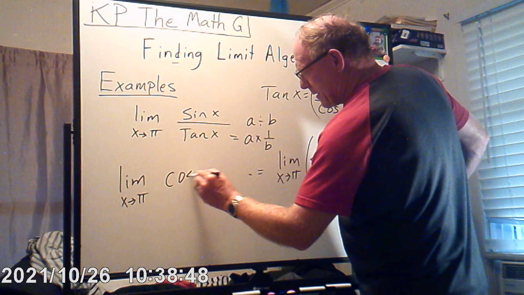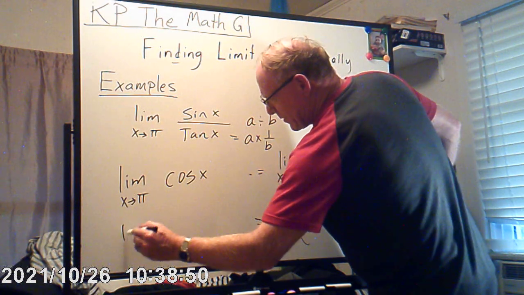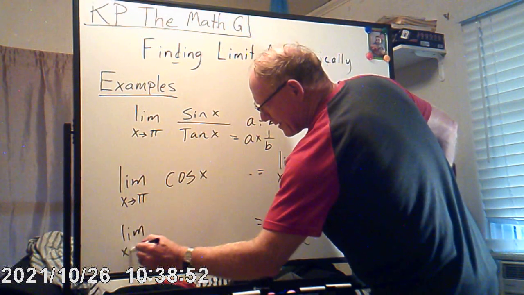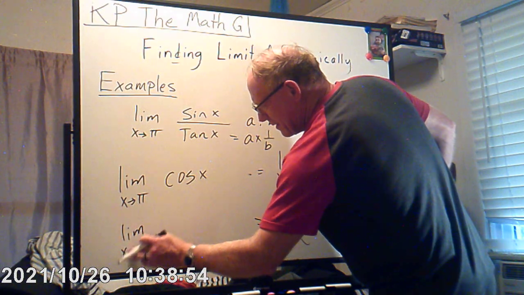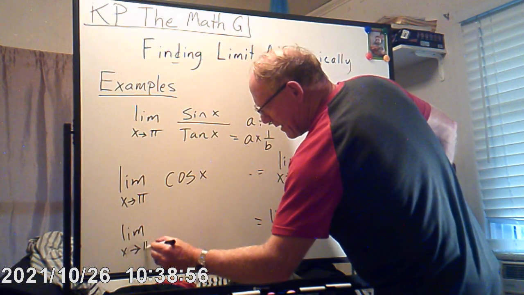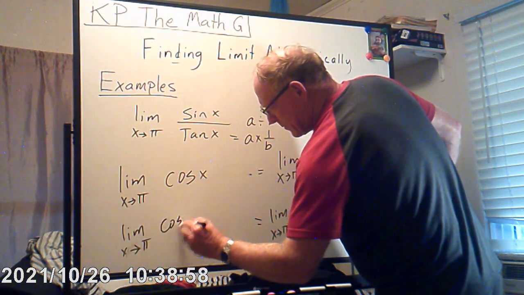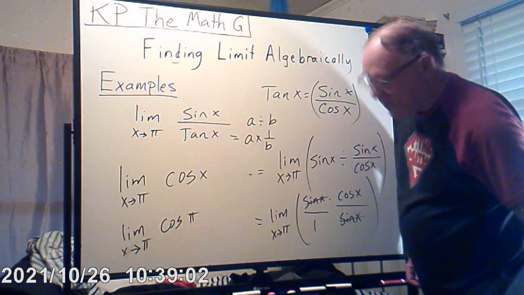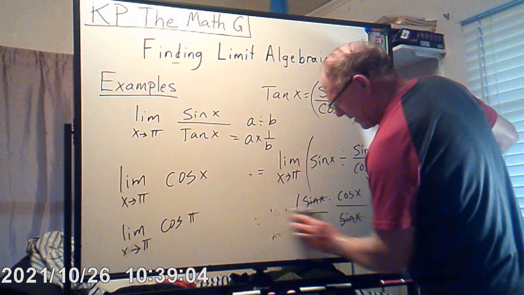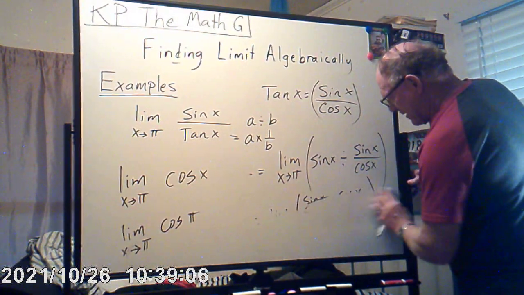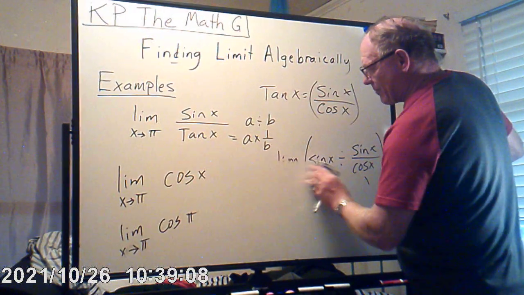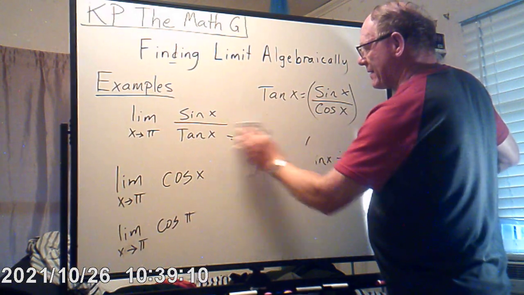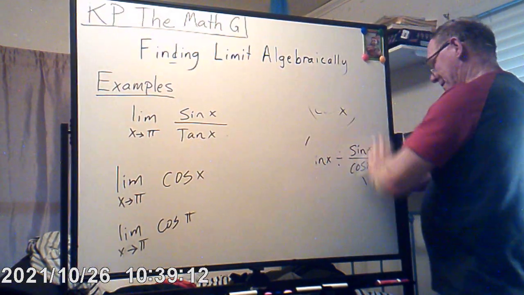cosine of x. So the limit as x approaches pi, cosine of pi. Well, you can do that in your calculator, or you can think about the graph. Cosine of pi is -1, I do believe. Let me double check that.